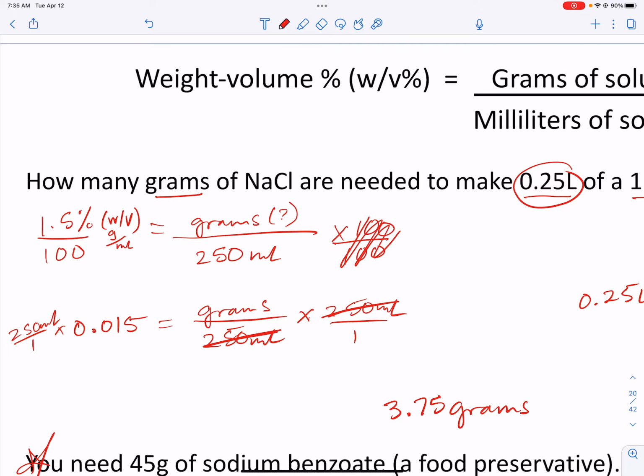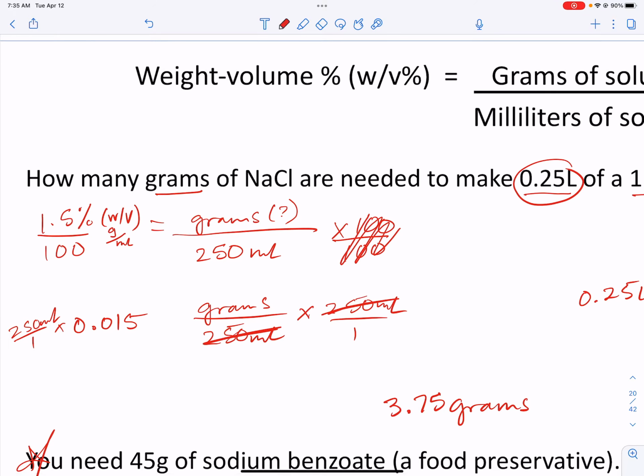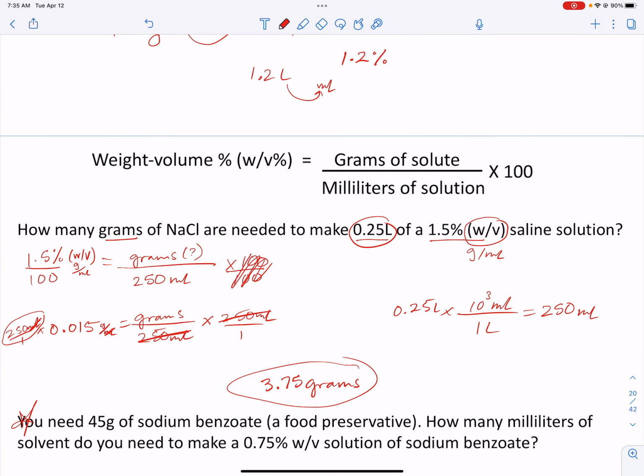That's what that means. So once we undo the percent, again, it's not very common to write all this in, but it is a gram per milliliter number. So when I'm multiplying by this 250 milliliters, the milliliters cancel, and that's why we're left with just grams, 3.75 grams of sodium chloride. So we could write that in.